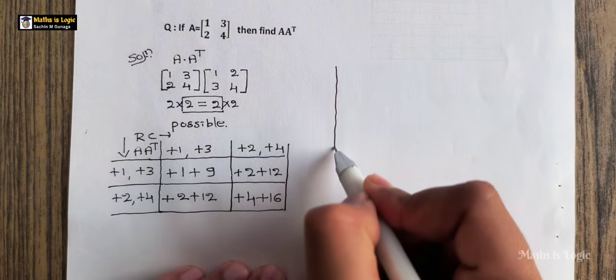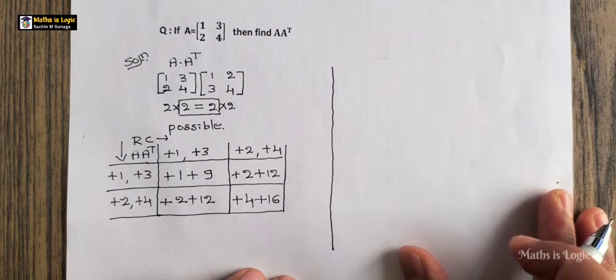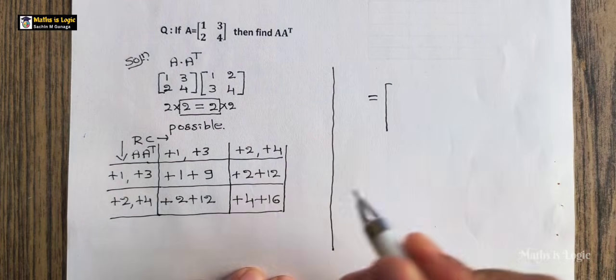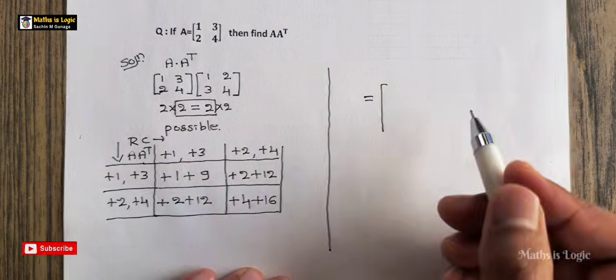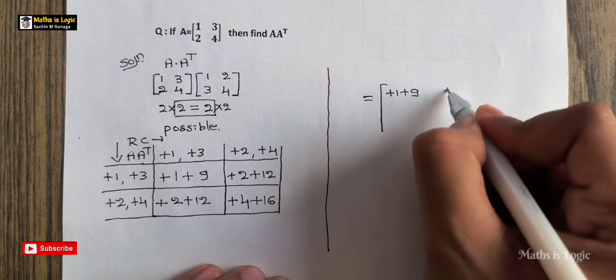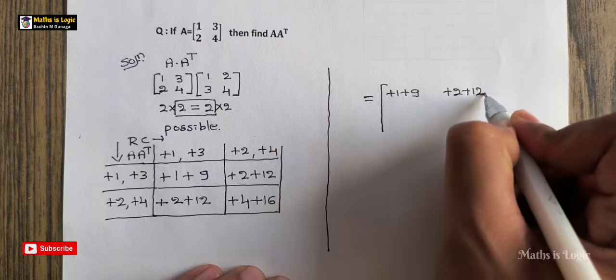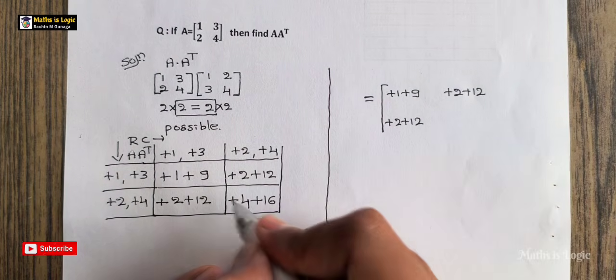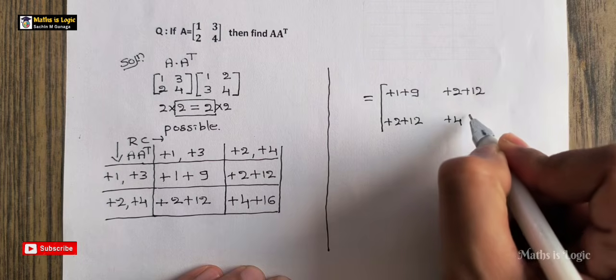Next, after doing multiplication, in matrix form, rewrite all four values: plus 1 plus 9, plus 2 plus 12, plus 2 plus 12, plus 4 plus 16.